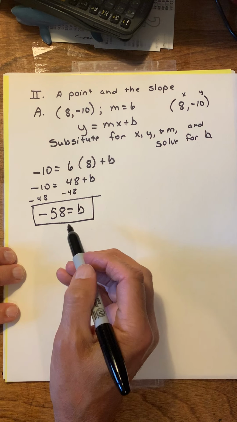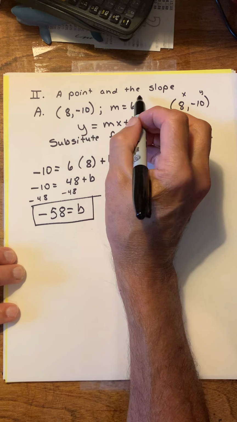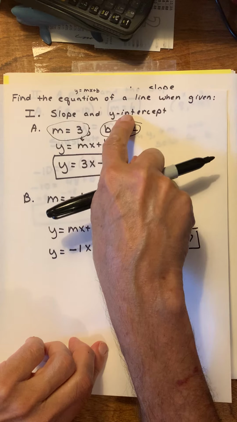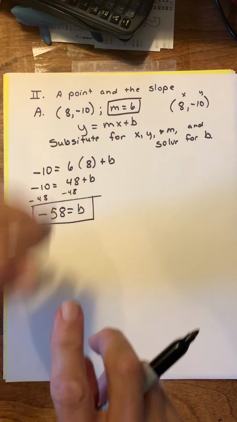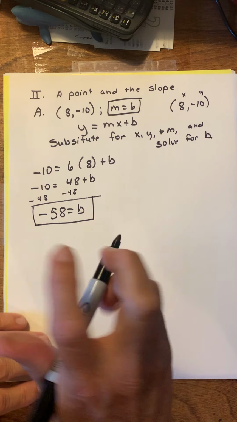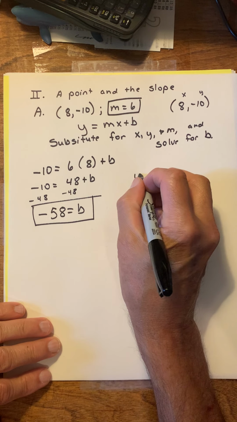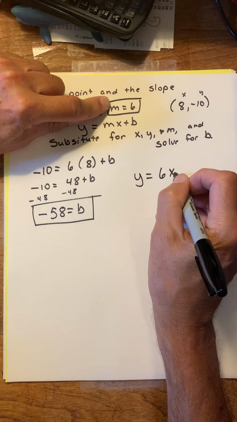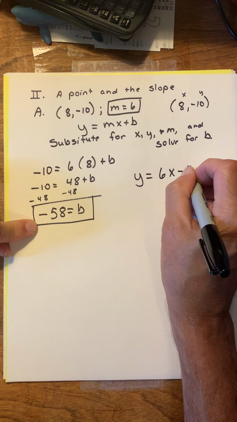Look what I got. I've got the y-intercept, and I've got the slope. That takes me right back to scenario number 1, slope and y-intercept. So all I have to do is fill in the slope, fill in the y-intercept, and I have the equation of my line. y equals mx plus b.